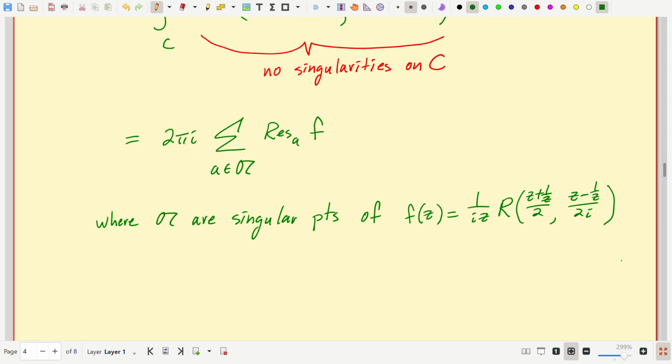The singular points of that function inside the unit circle.